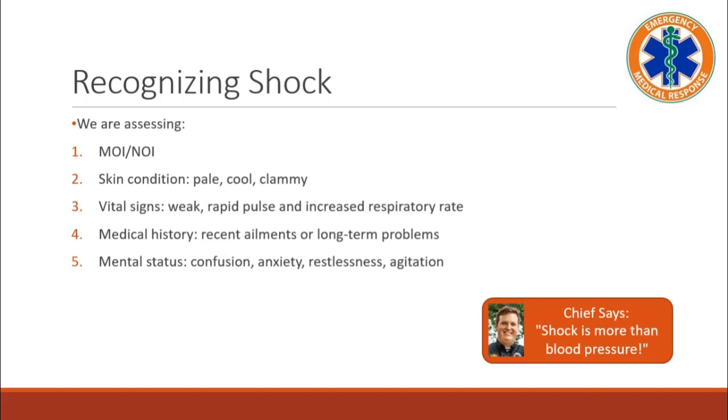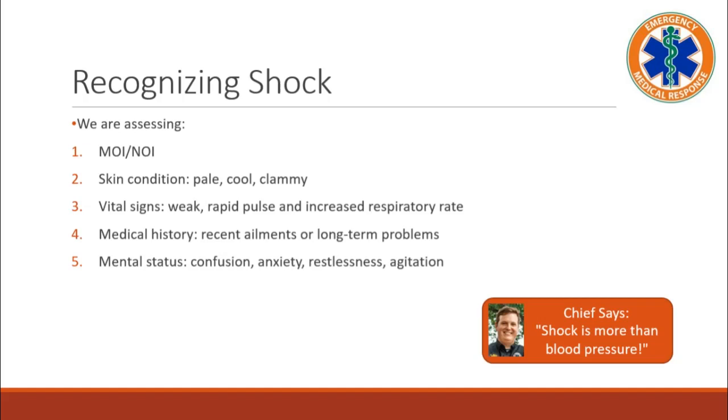Vital signs: weak, rapid pulse, and increased respiratory rate, which we saw in pretty much both of our case studies up above. And then medical history: do they have any recent problems, like they've been sick recently, or do they have any long-term problems? In the case of the cardiac case, that may provide some evidence for the NOI or MOI a little bit more.